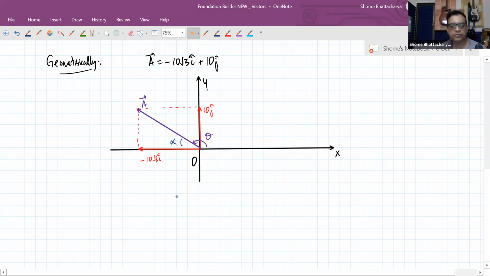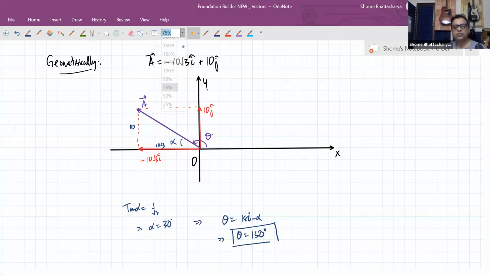From the trigonometry of this small triangle, tan alpha is this side, which is 10, divided by this side, which is 10 root 3, so it's 1 by root 3. So alpha is 30 degrees. That means theta, the angle with the positive x-axis, is 180 minus alpha, or theta is 150 degrees.